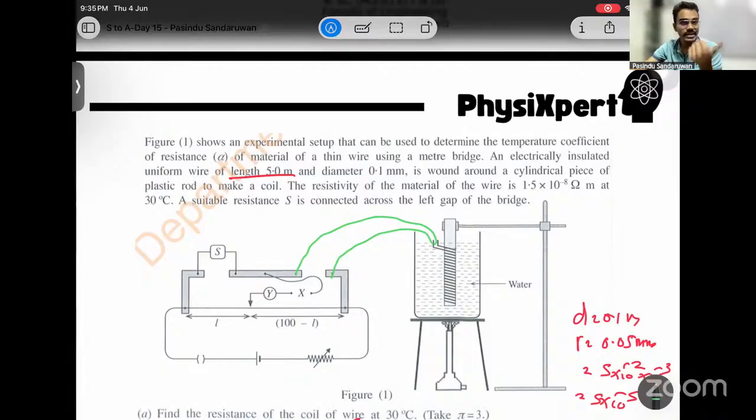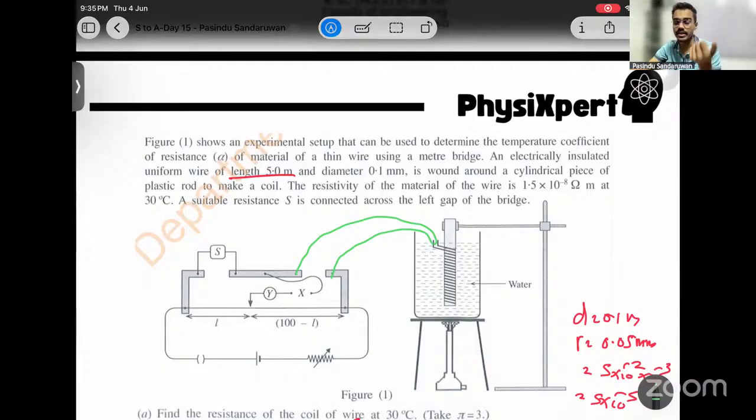But if the connecting wires have a higher resistance, then what is actually measured between the slots is going to be different from the actual resistance of the wire to be measured.